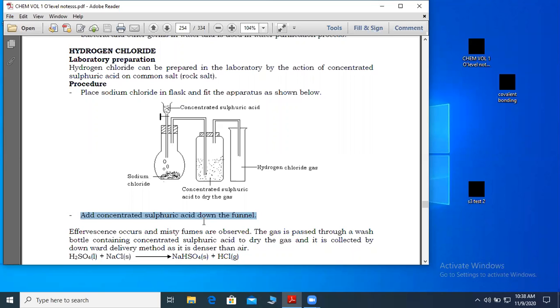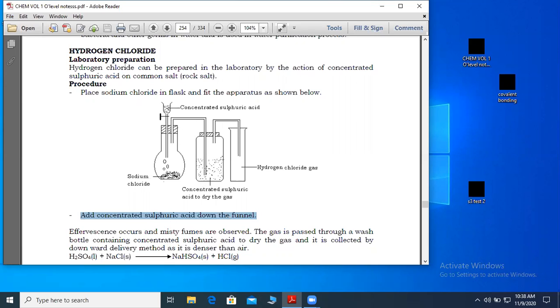So you add concentrated sulfuric acid, and fumes of hydrogen chloride gas will be seen, and that gas is dried by passing it through concentrated sulfuric acid.